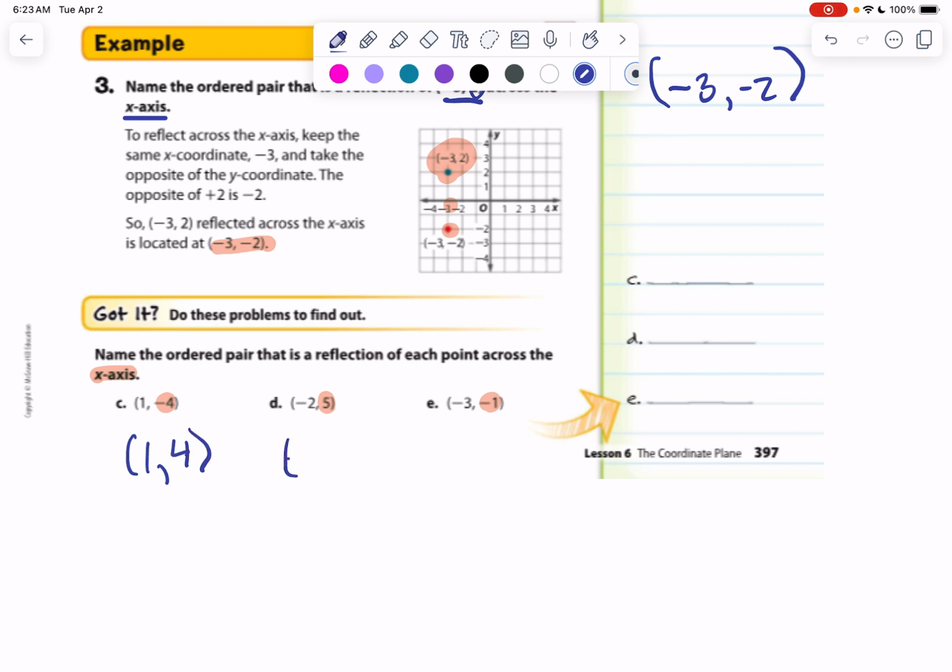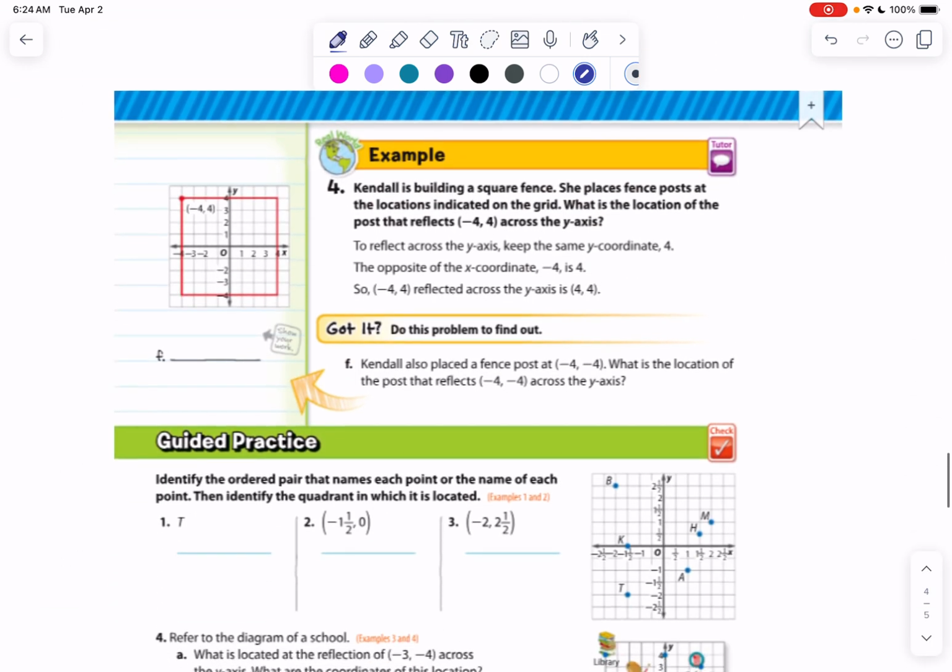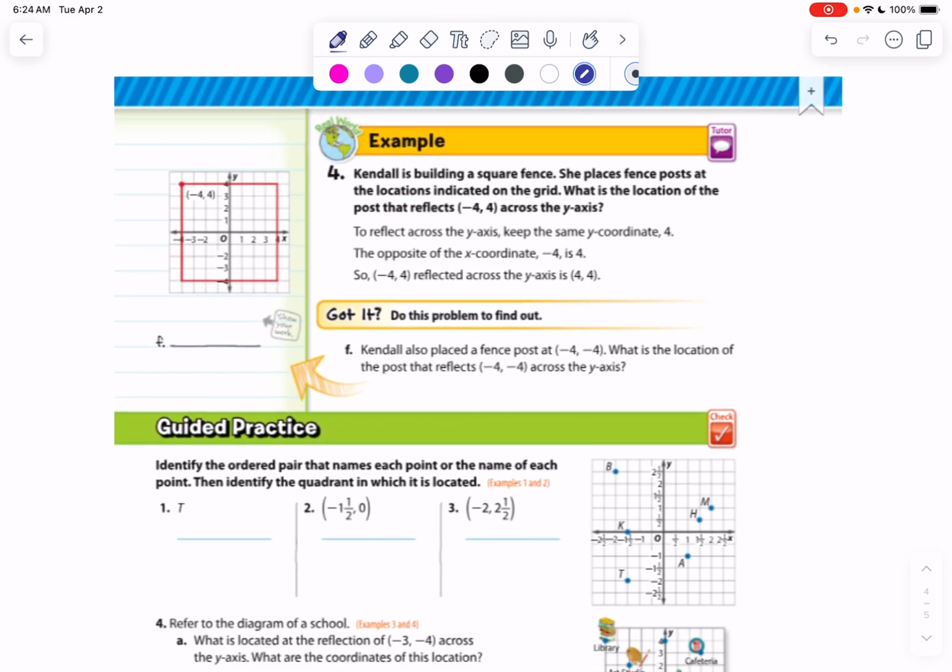This one would be -2, -5. And this one would be -3, 1. Simple. And if you get confused by that, you could always graph them just to make sure you did it right. No problem with that. All right, example 4. Kendall is building a square fence. She places fence posts at the locations indicated on the grid. Okay.